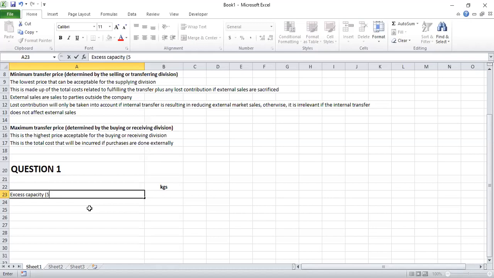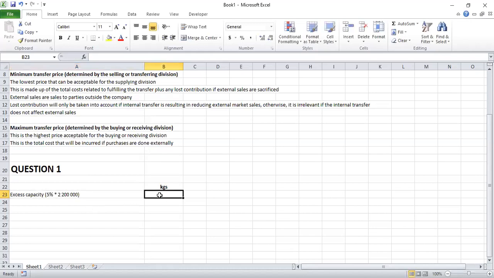So the excess capacity is 5% multiplied by 2.2 million. What do we get? 110,000. Thank you, guys.